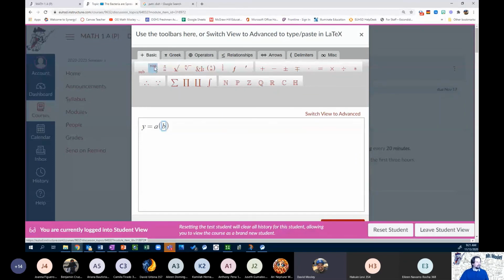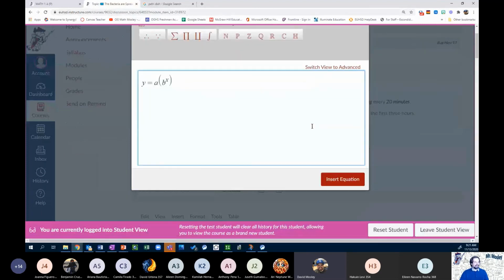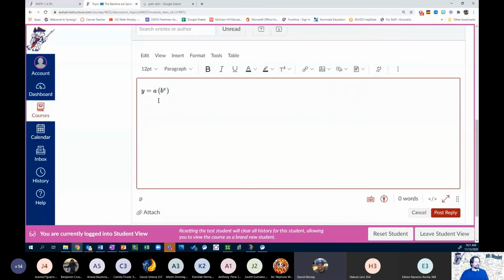If you hit superscript here, it'll give you that little exponent guy. And so you can type up something that looks like a nice math equation if you like. You just go insert, there it is. You can make it bigger, you can make it smaller. So there's that option as well if you want to type up a nice looking equation.